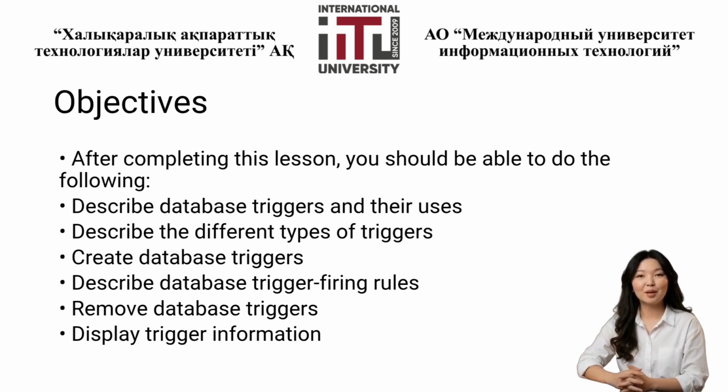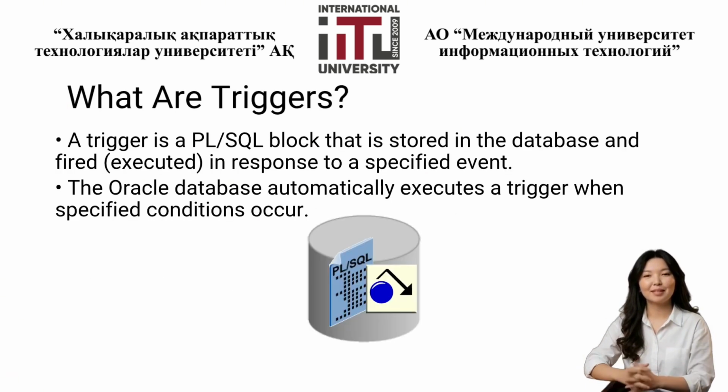Overall, this lesson will help you understand how triggers can be used to automate processes and enforce business rules in a database. This slide explains the concept of triggers in PL/SQL. A trigger is a stored PL/SQL block that is automatically executed when a specific event occurs in the database. Unlike procedures or functions, triggers are not called explicitly by the user. They are fired automatically by the database system.